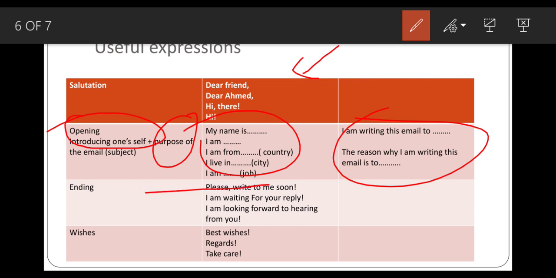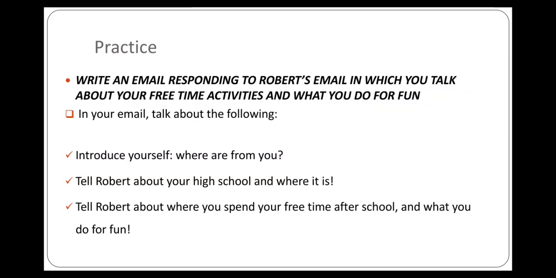Now let's move to an exercise that I'd like you to do at home. Write an email responding to Robert's email, the email we have just seen, in which you talk about your free time activities and what you do for fun. So now it's your turn. You reply. You send an email to Robert giving him information about your country.